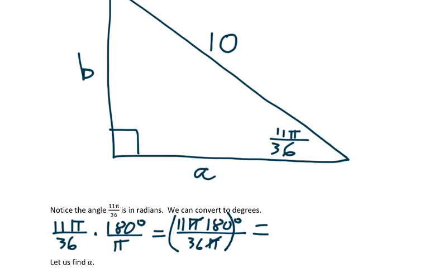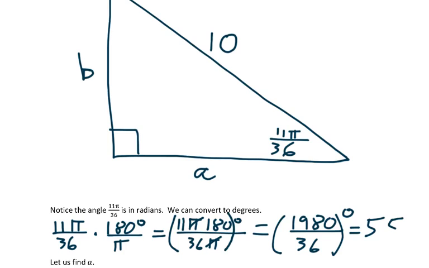So here, of course, you might want to use your calculator. Well, on top, it turns out you get 1,980 all over 36 degrees. And if you do the calculation correctly, you get 55 degrees. So that is what this angle is, 55 degrees.